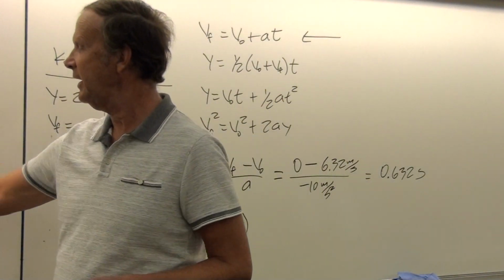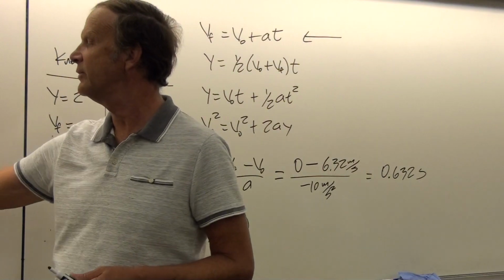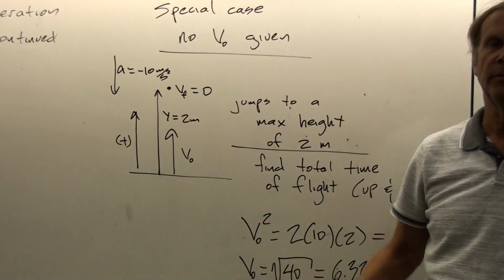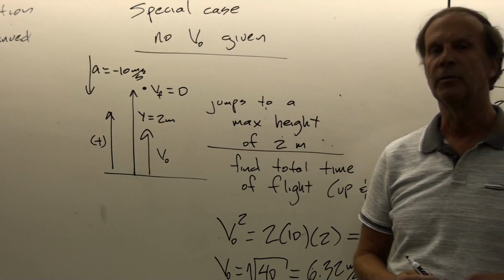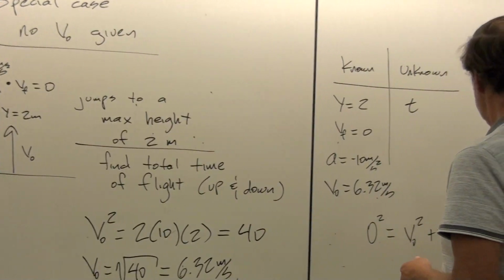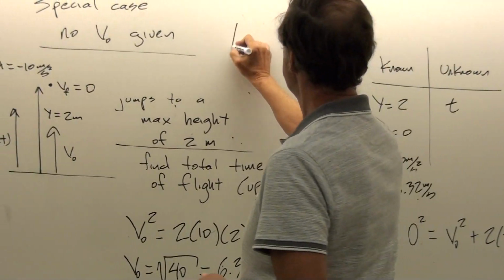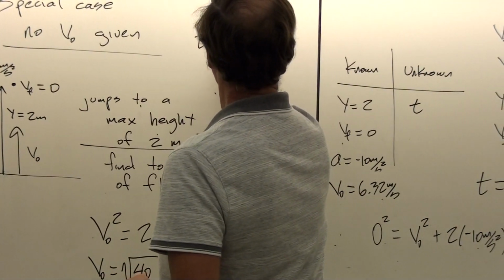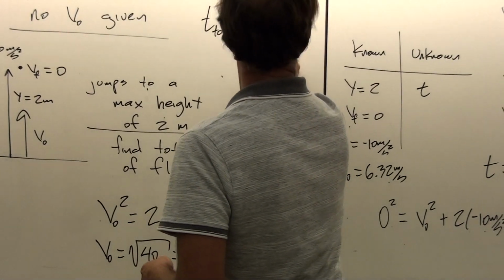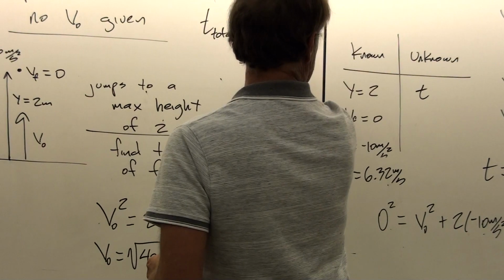No. Don't forget that the total time of flight was what was asked for in the problem, and we chose to do a problem where we went to the peak, which is half of the total time of flight. So therefore, t total is equal to 2 times t to the peak, or 2 times 0.632.